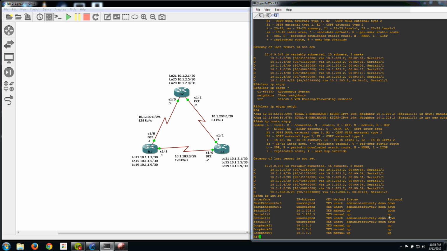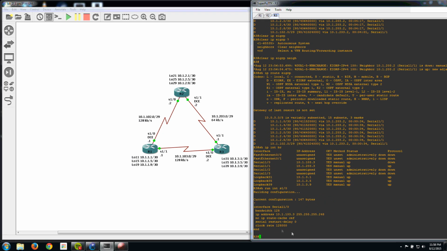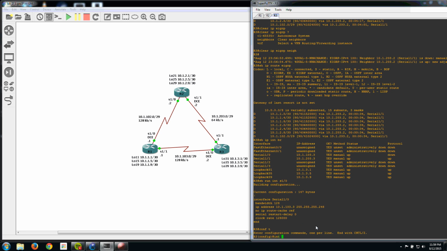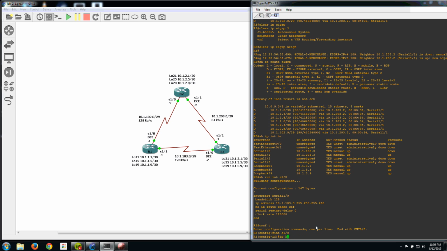No, it's up. I have an up down. So S10, let's see, show run S1. Clock rate 128000. Okay, that looks good. No, that was good. I was thinking the other IP route cache.